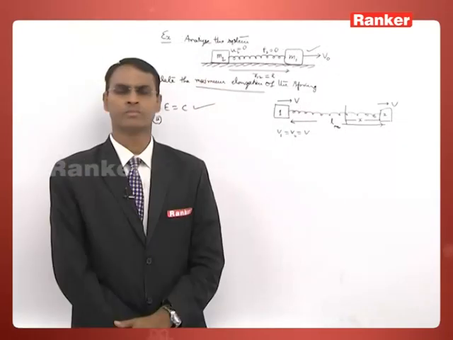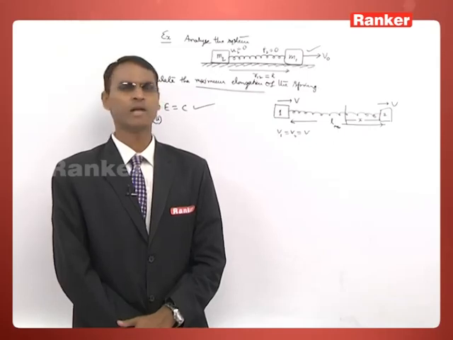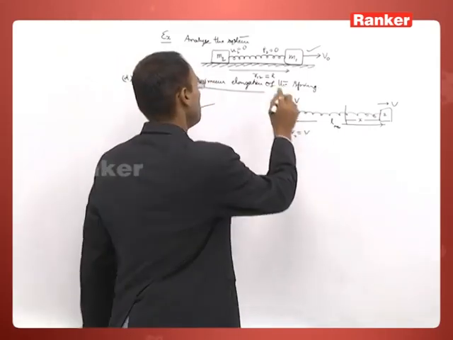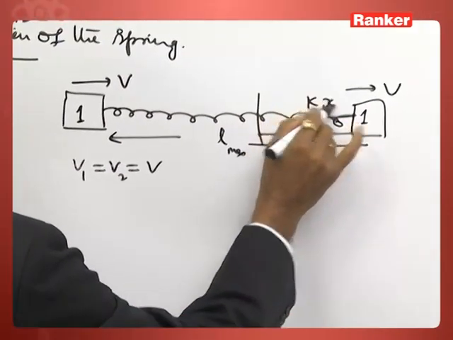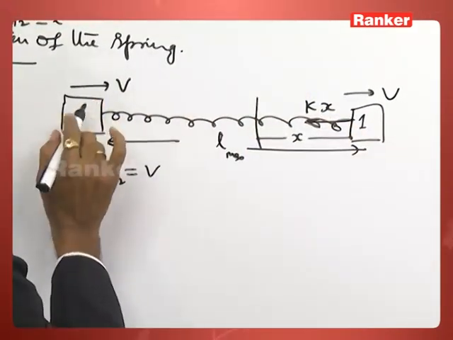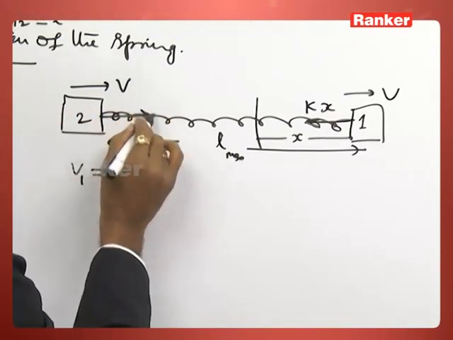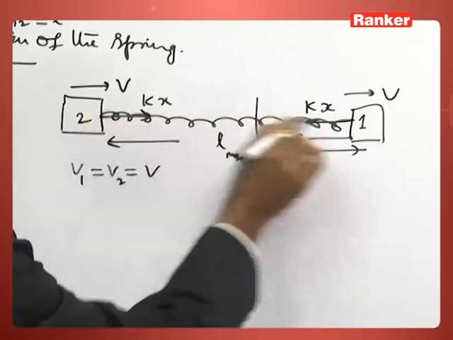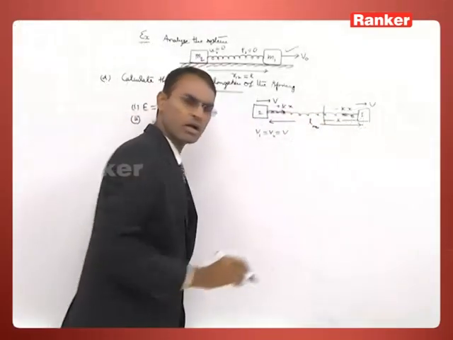Secondly, on the system, no net force is applied. On block 1, the spring force is acting towards left. On block 2, the spring force is acting towards right. These two forces are equal and opposite.